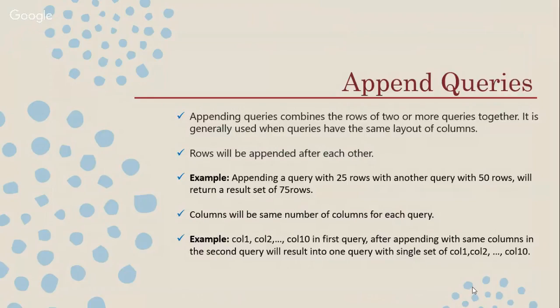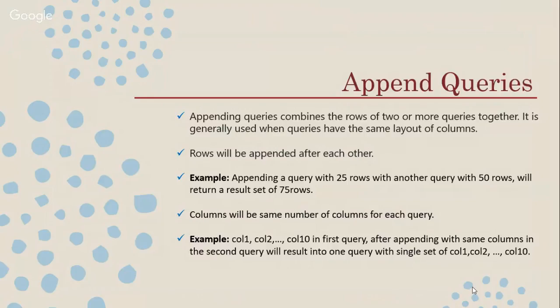The resulting query will have the same number of columns. So if you have 25 rows in one query and 50 rows in another query, the final result will be 75 rows. Column wise, if the first query has 10 columns and the second query has 10 columns, the final result will be 10 columns.